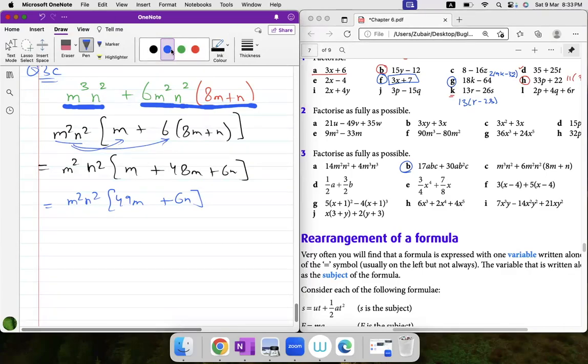M squared n squared in brackets 49m plus 6n. We got the same answer, but I think I have lesser number of steps.